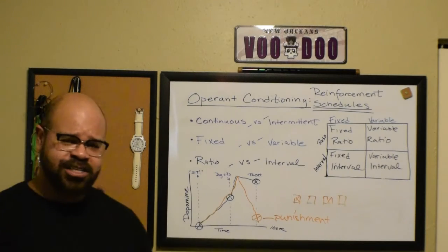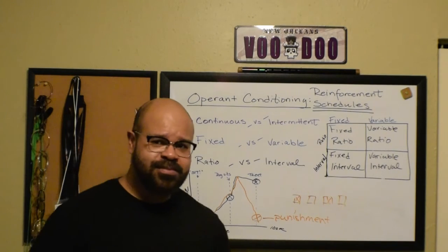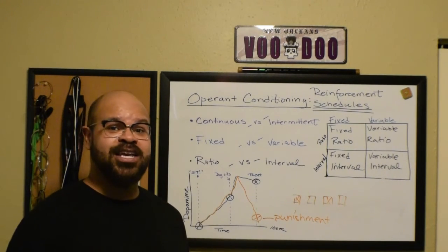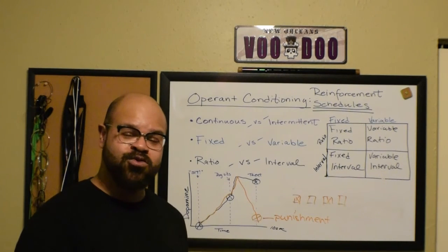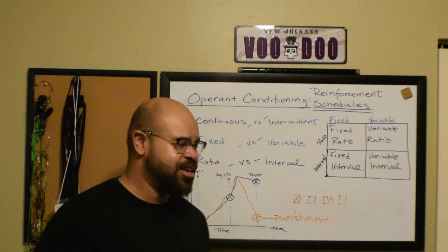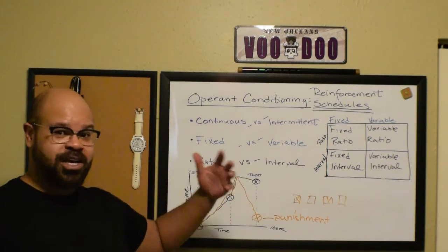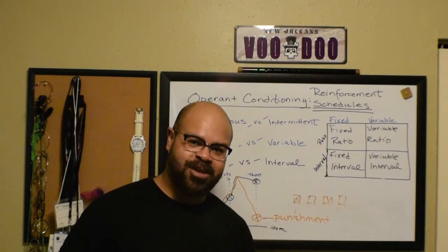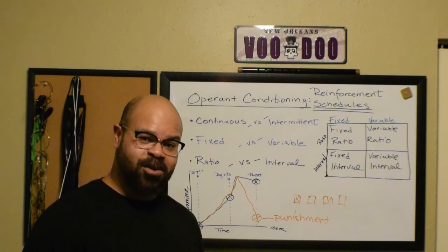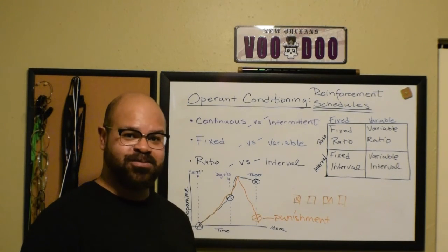So another example I tend to give in class is, let's say you've got a kid and you're trying to get your kid to keep his room clean. If you set up a fixed ratio schedule, that is, hey, Billy, every time you clean your room, I'll give you $10, well, eventually that's probably going to work pretty quickly, and Billy's going to know what you want out of him.